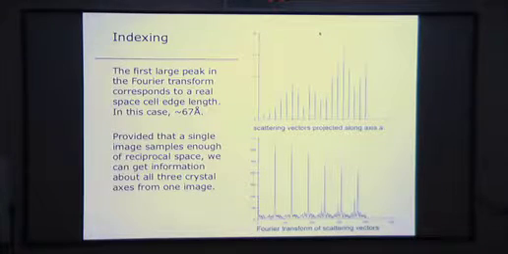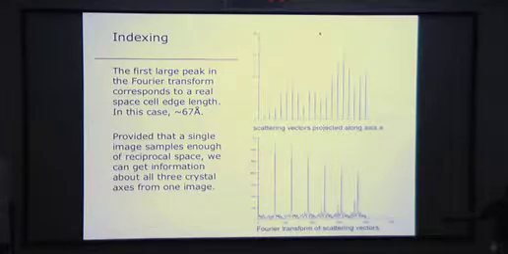And you can see that the peaks there are very nicely and evenly spaced. If we calculate a Fourier transform with that, we get another set of evenly spaced peaks, but they decrease in height. In the auto-indexing that we use in MOSFLM, all we do is we take that first big peak, and that corresponds to a real space unit cell edge. In this case, it's about 68 angstroms.